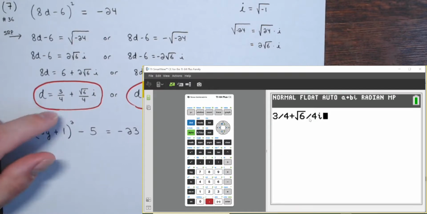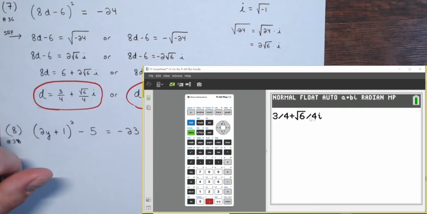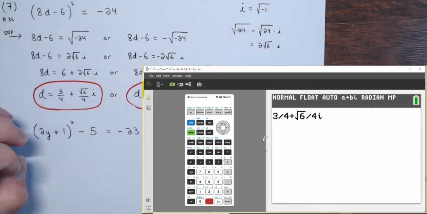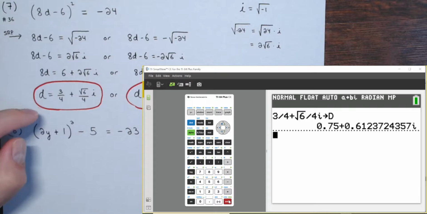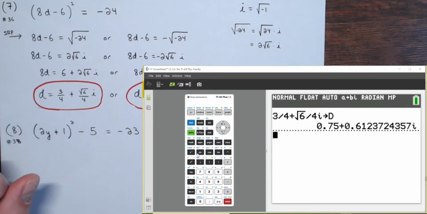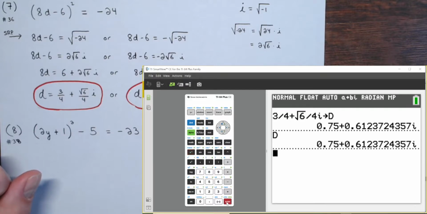Remember, it does division first, then multiplication. So this is the square root of 6 divided by 4, and then times i. And I'm going to store this as d, right? It's alpha d. Okay, and it gives some crazy decimal stuff, right? So now every time I use the letter d, it is this number.